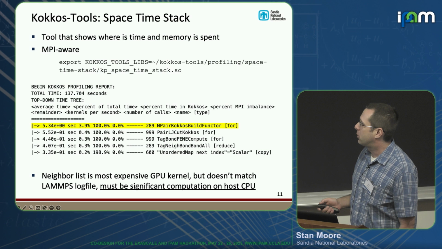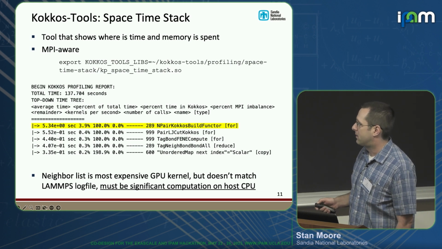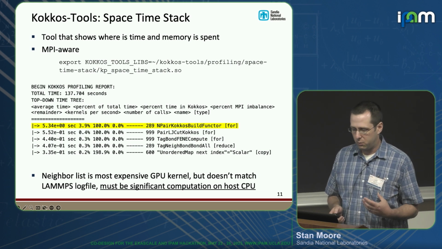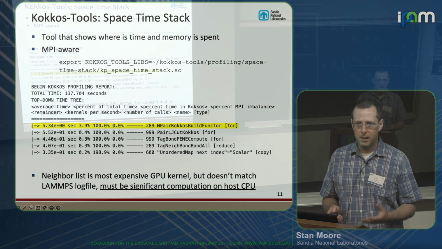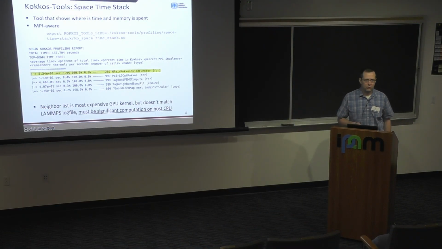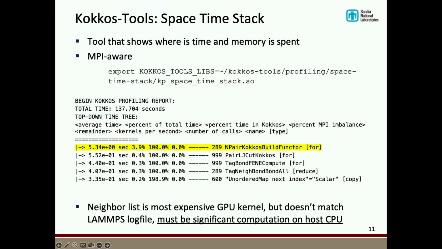Okay, so another tool we can use is one of my favorites, the Kokkos tool space-time stack. This is basically a simple tool that shows where your time as well as memory is spent if you're running a Kokkos code. And the nice thing about this tool is that it's MPI aware, and it's very simple to use. You compile the tool, it's a simple makefile, and then you just export this environment variable, and you'll get the tool output.